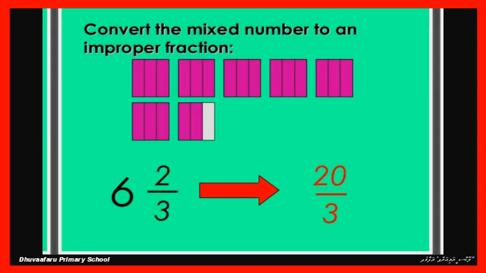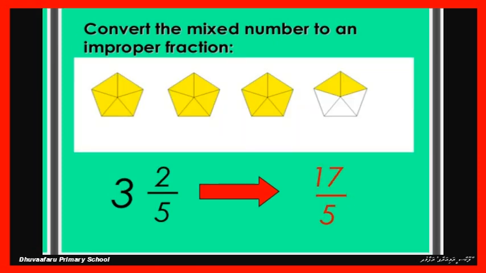This time 6 2 by 3. So 6 times 3 comes 18. 18 plus 2 is 20. So we have to write 20 in the numerator and 3 in the denominator. So 6 2 by 3 when we change to an improper fraction, the answer is 20 by 3.